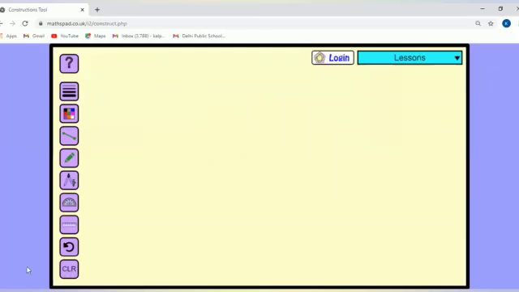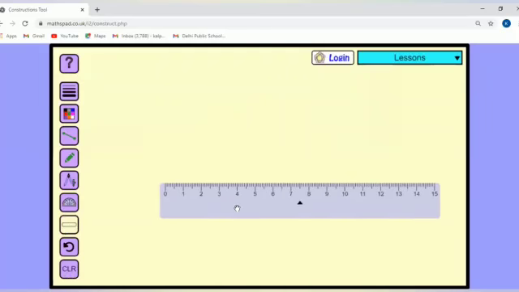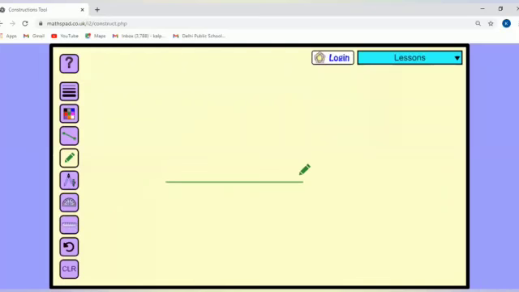Let us learn how to construct 30 degrees. So 30 degrees is half of 60. As we know how to construct 60 degrees, let us start with 60 degrees. Draw a ray OA.